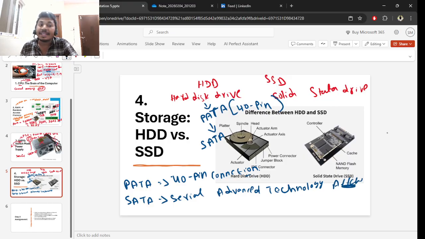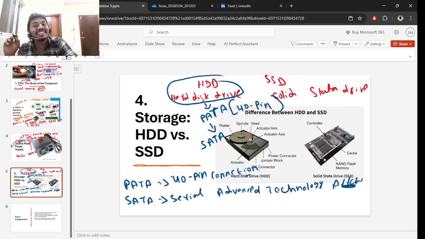Okay. These versions are available in hard disks. What is the hard disk? This is the traditional one that came in PATA and SATA versions. These both are the storage versions in hard disks.